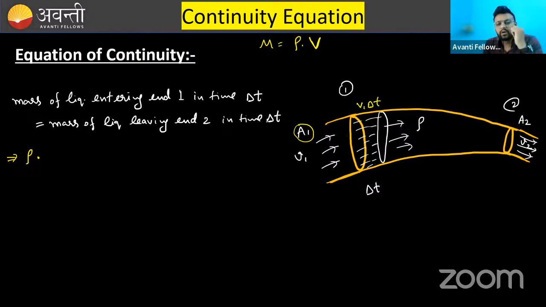So rho into volume, which is area into height: area is A1, height is V1 into delta t. This is the complete mass of the liquid entering at end 1. For end 2, again the density is rho and the area is A2.